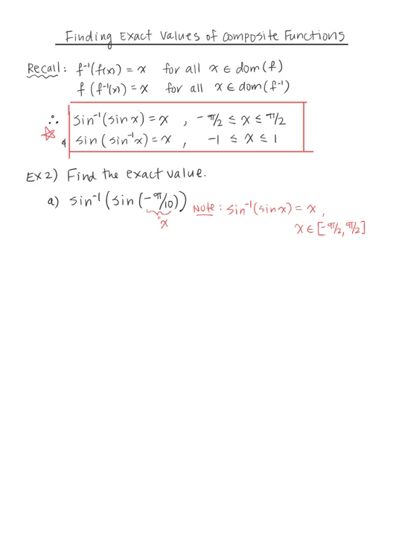I believe so. So since negative pi over 10 is inside of negative pi over 2 to pi over 2, sine inverse of sine of negative pi over 10 is just going to become negative pi over 10.